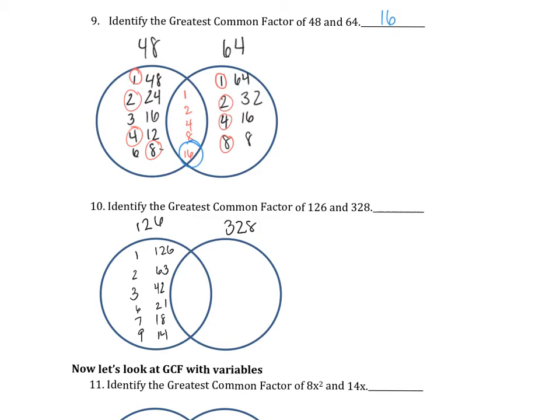So all those are the factors of 126. Then I'm going to do the other side, and 1 times 328, 2 times 164, 4 times 82, and 8 times 41. Okay? Then you're going to go ahead and find your common factors, okay?